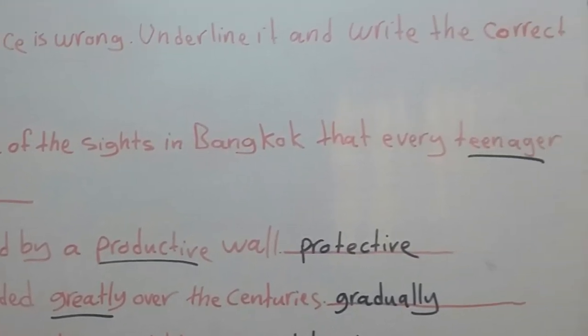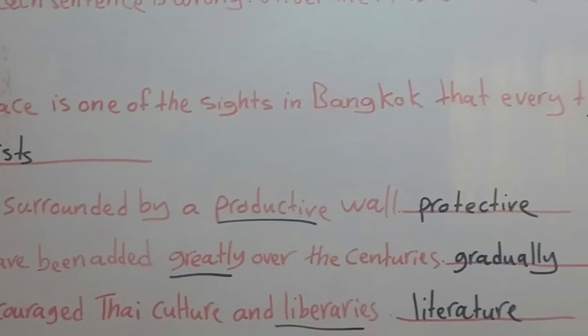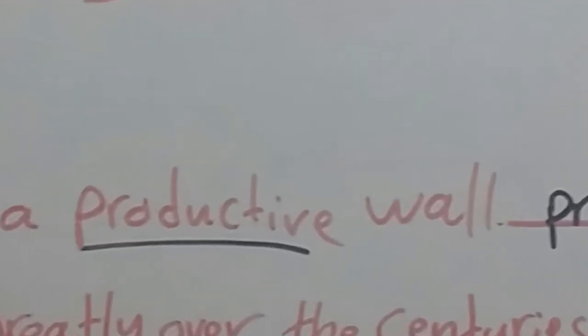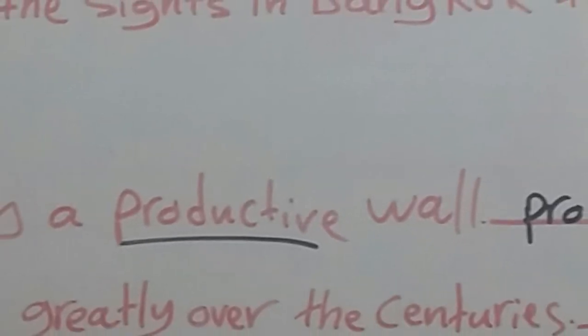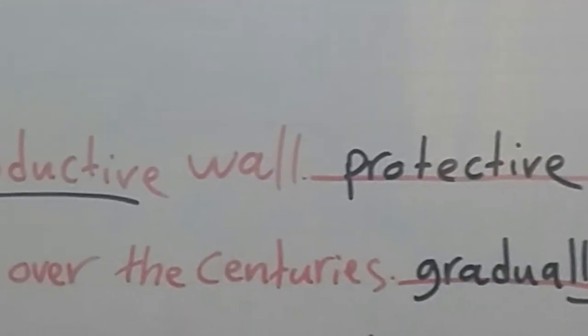Number 2. The palace is surrounded by a productive wall. The wrong word here is productive, معناها إنتاجي. هون صفة لكلمة production يعني إنتاج. And the correct word instead of productive is protective, معناها حامي.